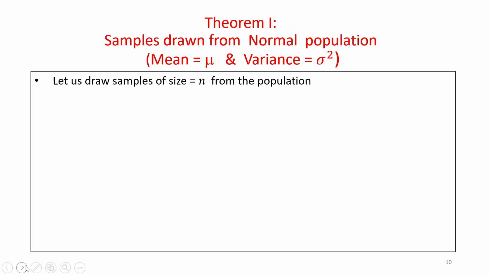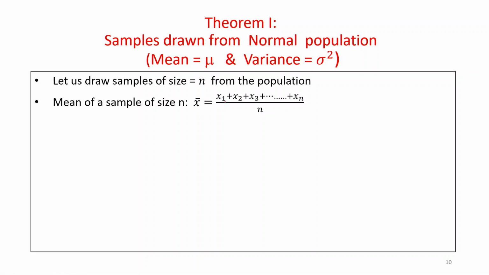Let us draw samples of size small n from this population and find out the mean of the sample of size n. So this x bar is the summation of individual readings x1, x2, x3 up to xn divided by n. That is what x bar is for only one sample of size small n.